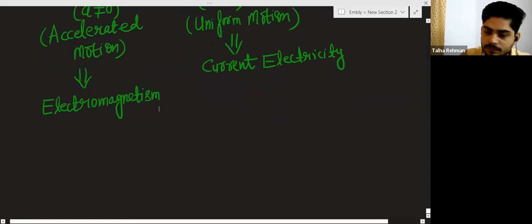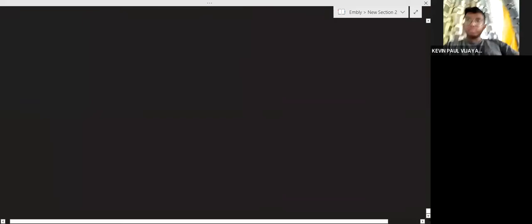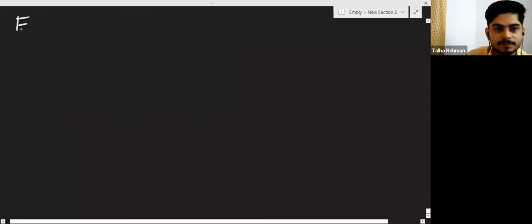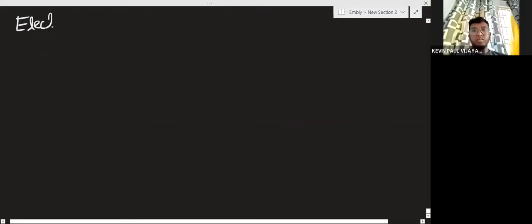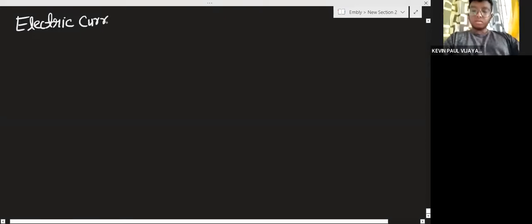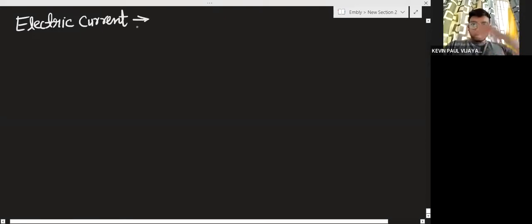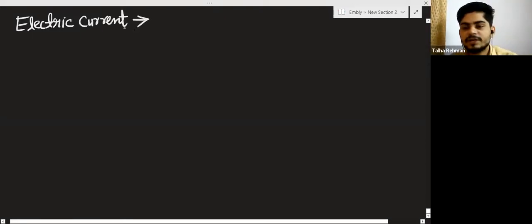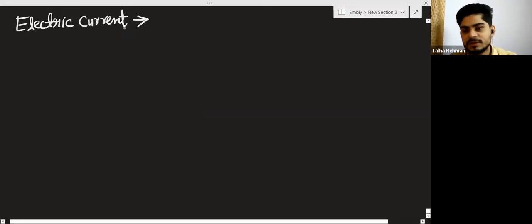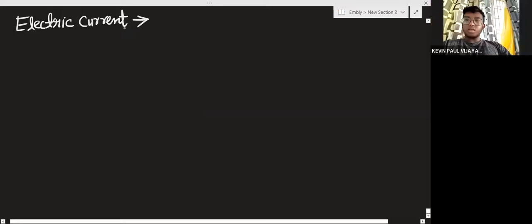So the first term is electric current. Electric current is generated when the charge performs motion, whether it is accelerated motion or uniform motion.